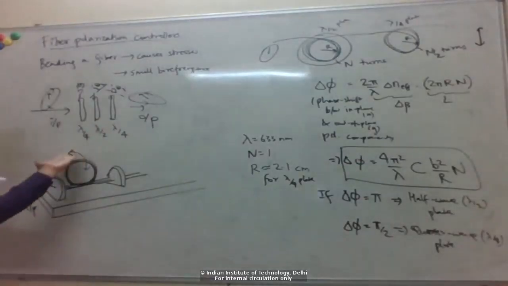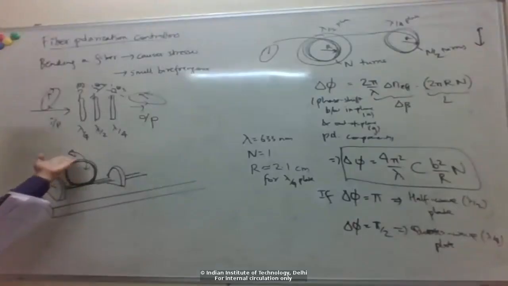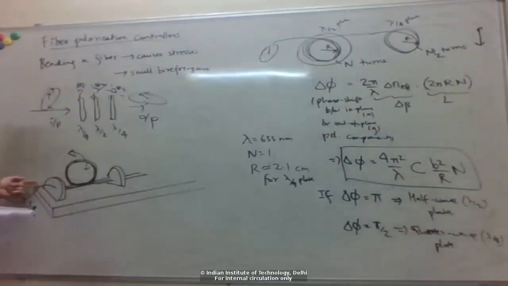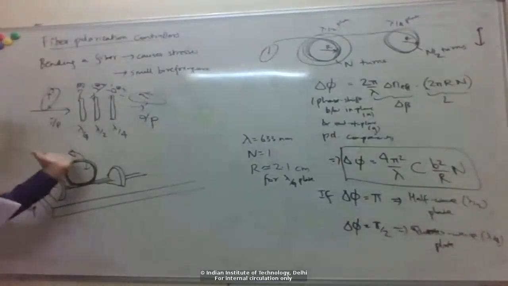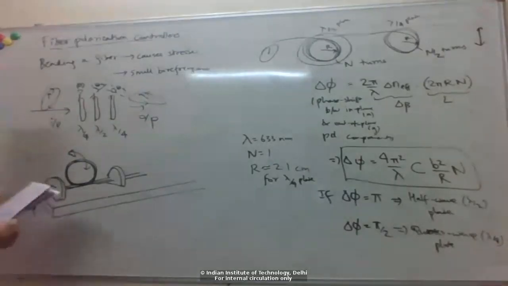By that, you are changing this angle, the orientation of the fiber axis. You're changing the plane of the bend with respect to the input x and y axis, by bending this paddle. That way you can control this angle.